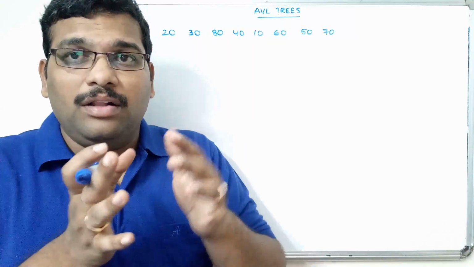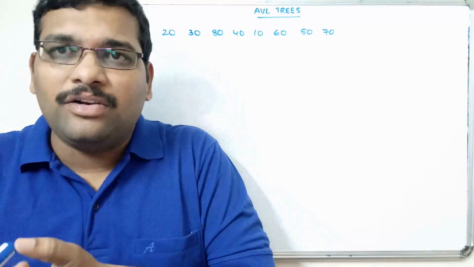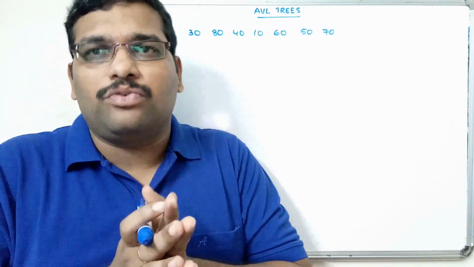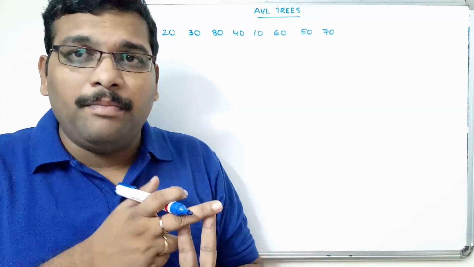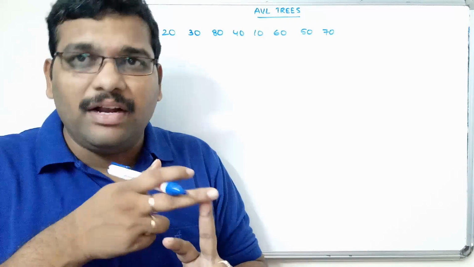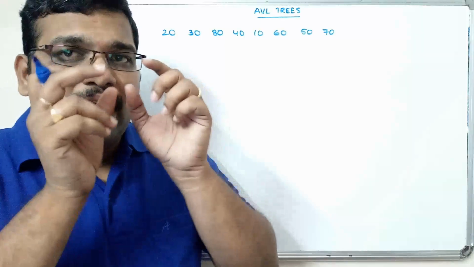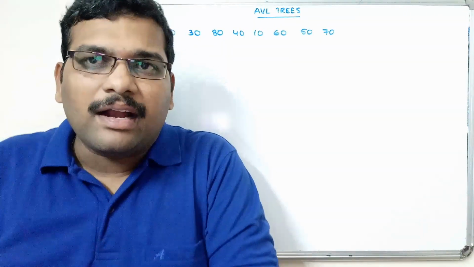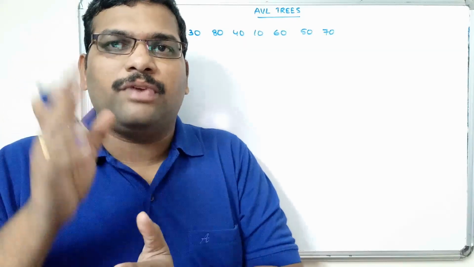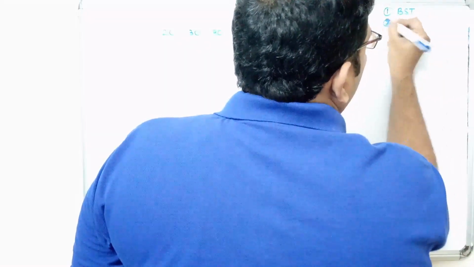That means all the left side nodes should be less than the root node and all the right side nodes should be greater than the root node. That is the property we have to remember. And then the second property, that is the AVL tree property. That is, for every node the balancing factor, that means the height of the left subtree minus the height of the right subtree, must be either 1, -1 or 0. So 2 properties you should remember: the BST property, and second one is the AVL property.